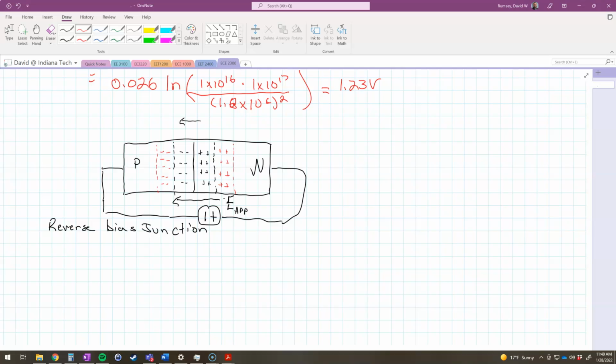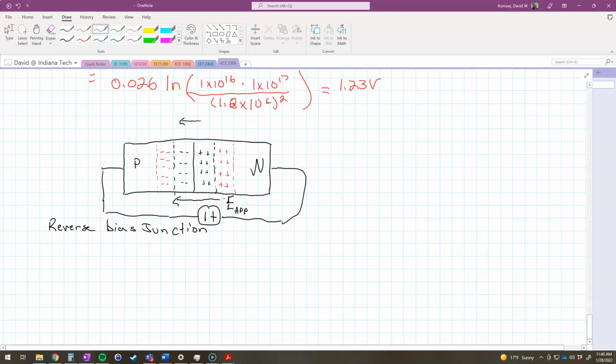But there is an effect that we have here: we actually have kind of a capacitor in essence. Let's go back to the original black one here.